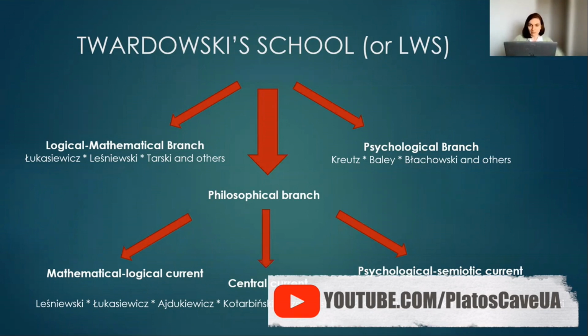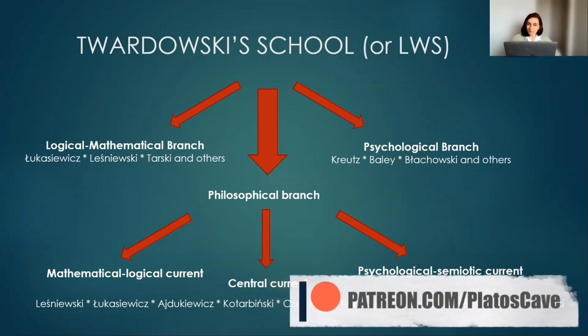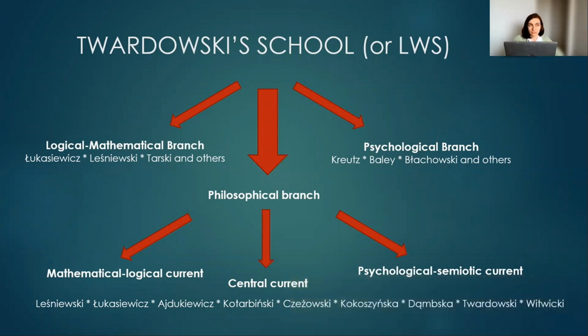Balej is of Ukrainian origin. Yes, he was a member of the Ukrainian branch of the school. At first, he published in Ukrainian. He wrote many papers in Ukrainian at first, but then when he became chair of psychology in Warsaw, he wrote mostly in Polish.